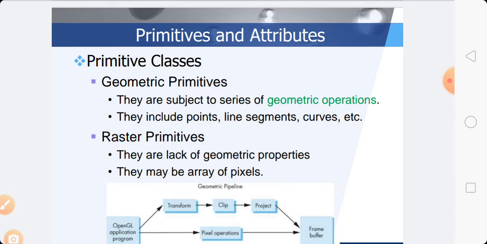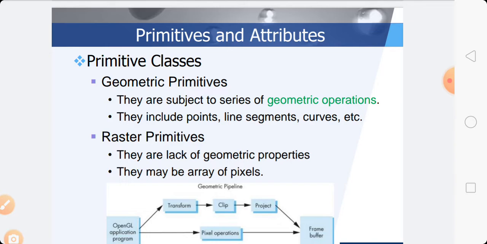These are the differences between geometric primitive and raster primitive. Geometric primitive contains primitives including point, line segment, and curve, etc. Means we can directly use these primitives to draw objects by using points, line segments, and curves. They have a series of geometric operations, but raster primitives lack geometric properties.